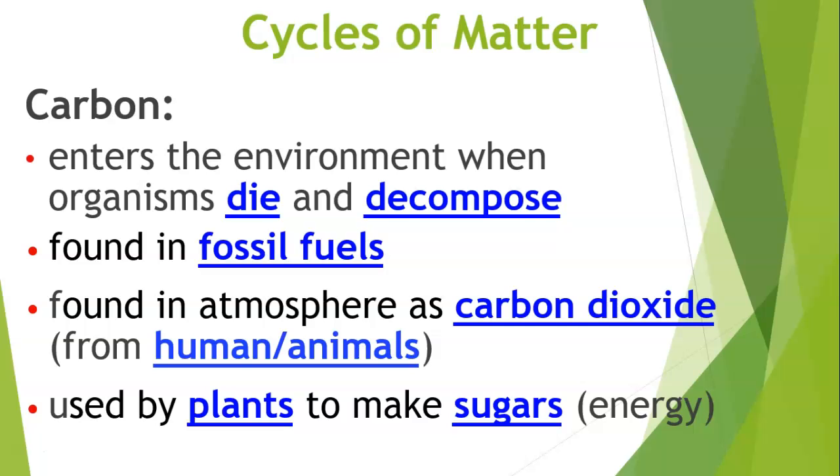So plants take in the carbon dioxide, and that, along with water and the sun's energy, they're able to make sugars and oxygen. They use some of the sugars, they store some of the sugars, but the oxygen, they use some of it in their cells, but a lot of it gets released into the atmosphere.